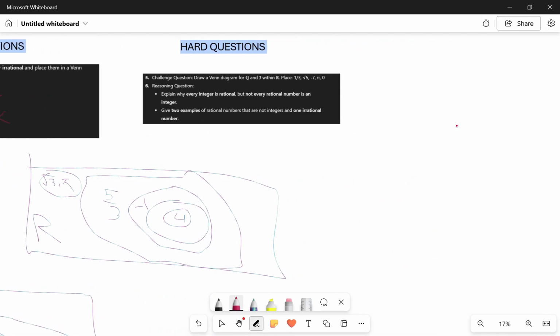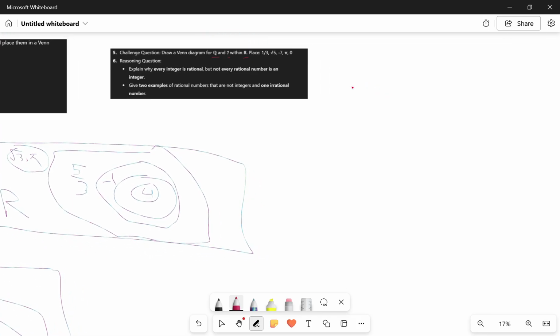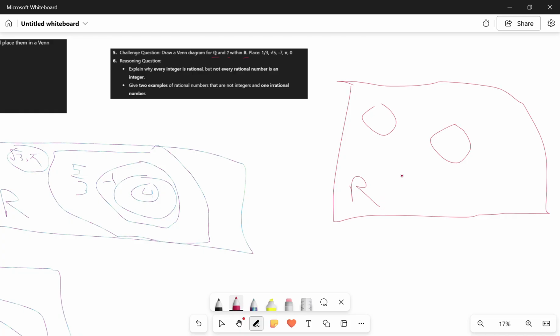Draw a Venn diagram for rational numbers and imaginary numbers with real numbers. Okay. There's another Venn diagram we have to draw. Now say this is Q, and this is real. -7 would go here, 1/3 would go here, and 0 would also go here.